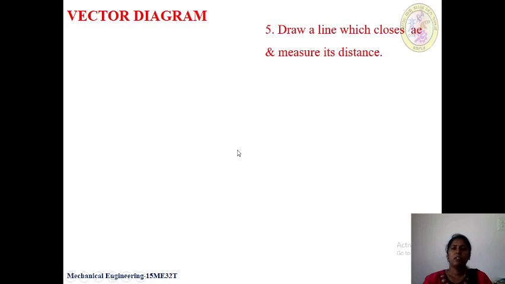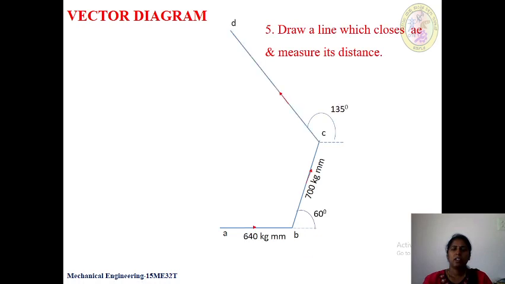Next one, we need to draw a line which closes AE. So far we have drawn 4 vectors, that is AB, BC, CD and DE. According to the polygon law of forces, the resultant value is equal to the length of the AE vector.